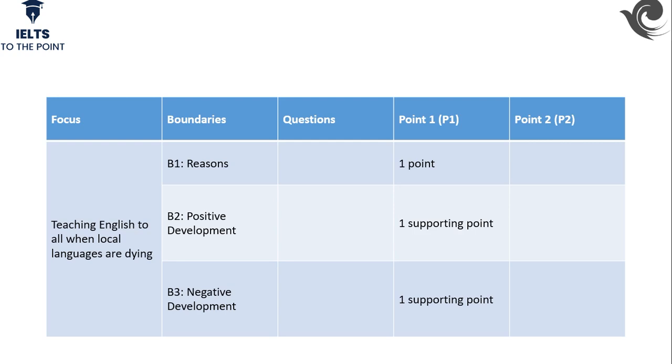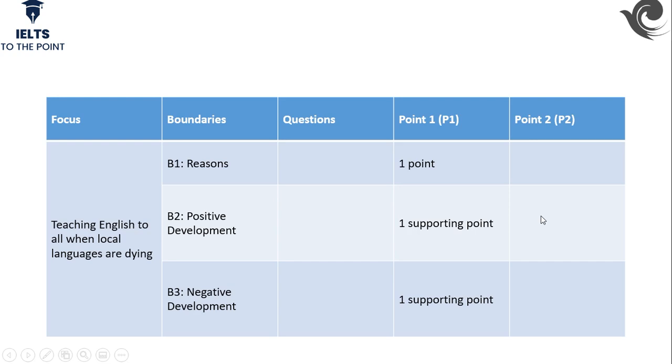One very well explained reason is also more than enough. Similarly, one supporting point for positive development, one supporting point for negative development is given. But we need the 4th point so that we can write about this particular and we can justify our side. We can take one side.